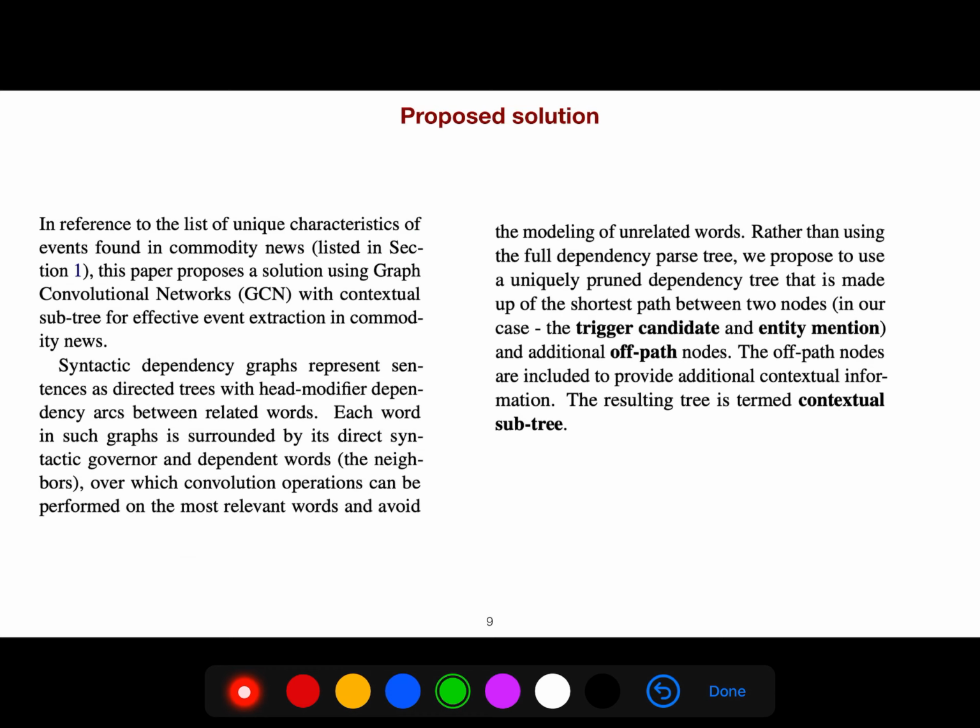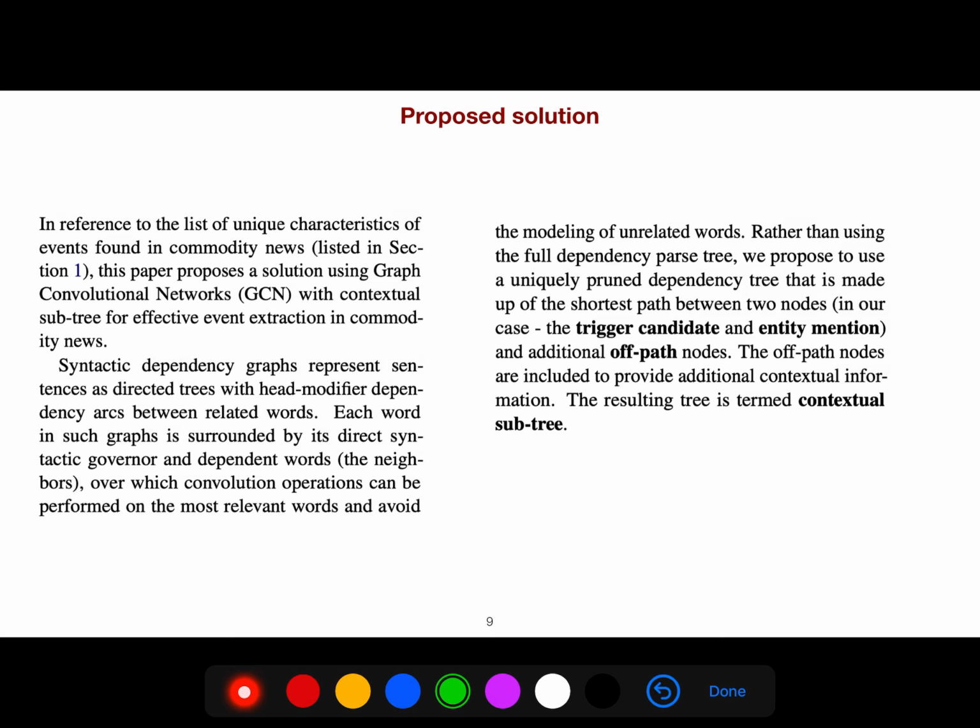Syntactic dependency graphs represent sentences as directed trees with head-modifier dependency arcs between related words. Each word in such graphs is surrounded by its direct syntactic governor and dependent words, over which convolution net operations can be performed on the most relevant words and avoid the modeling of unrelated words.